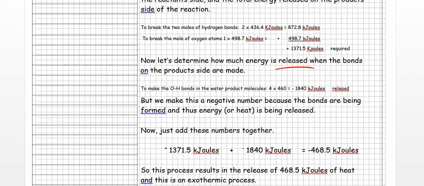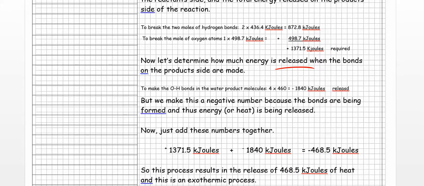Now, this is very important. Because energy is released, given away, we're going to put a negative in front of it. On the left-hand side, bonds were being broken. That required energy, so we put a positive on that number. So the 1,371.5 had a positive sign in front of it. But this time, energy is being released, so we're going to put a negative in front of it.